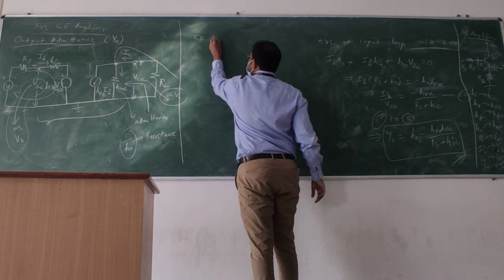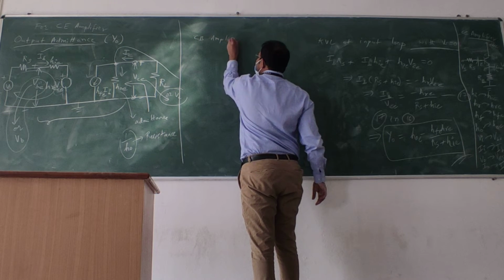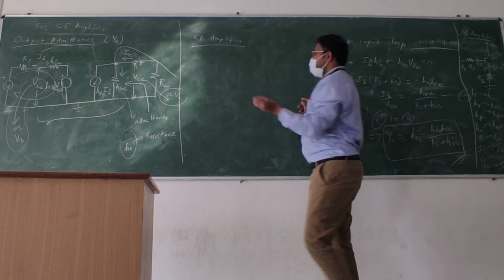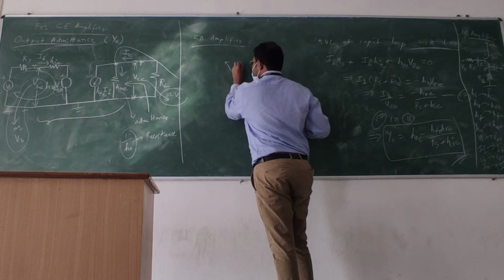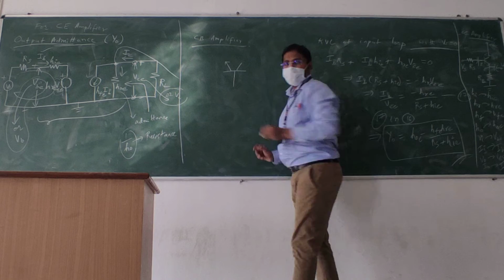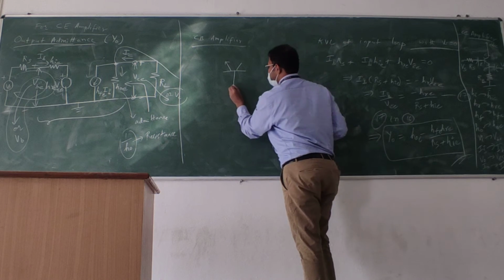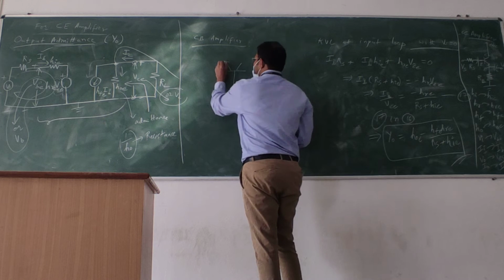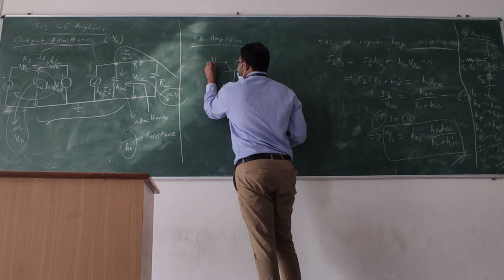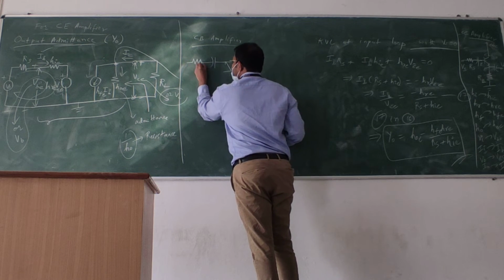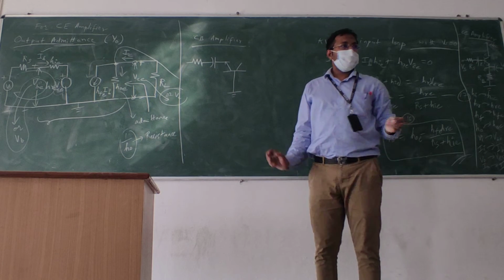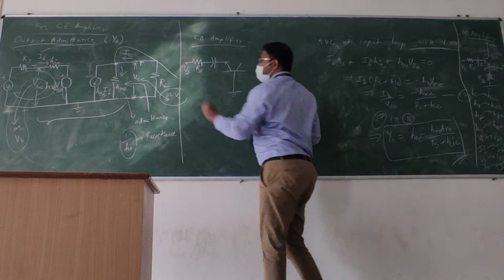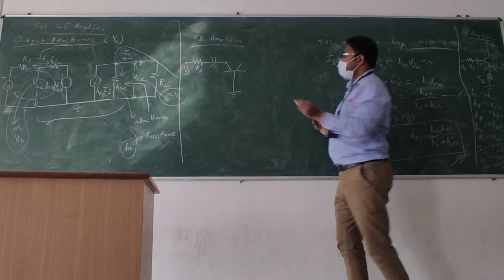Next, the common base amplifier. Again, you have to remember this circuit. Very simple. When the base is common, the emitter is input. Base is common means we are directly connecting the base to ground. You know we are using one coupling capacitor at the input side. We can call this source resistance RS.